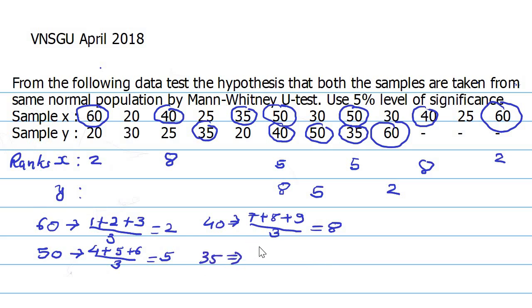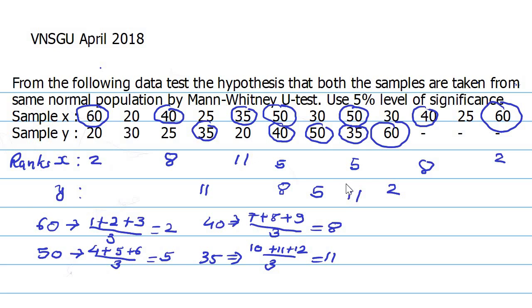After 9, the next 3 ranks will be 10, 11, 12, divided by 3, and this average is 11. So I will write here 11, then for 35 here 11, and then for 35 here 11.